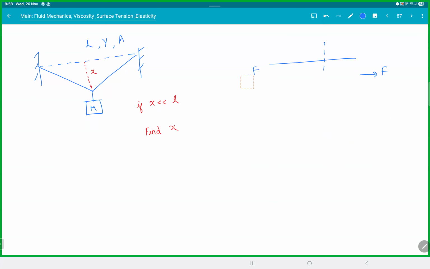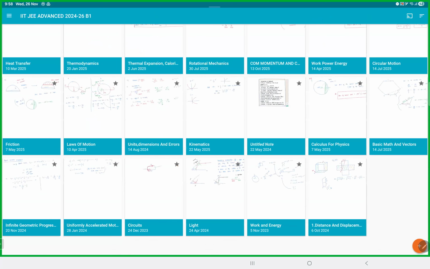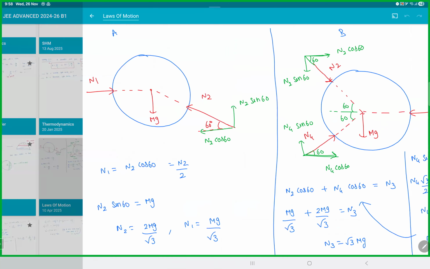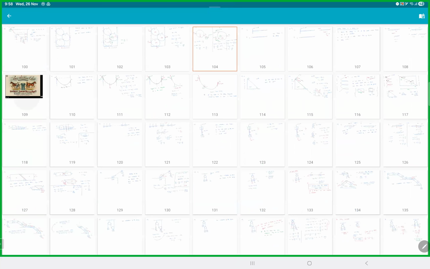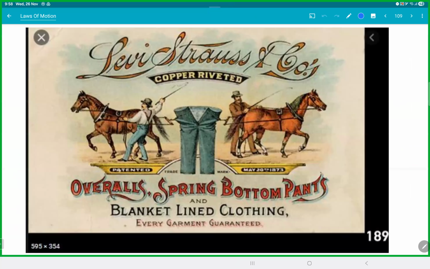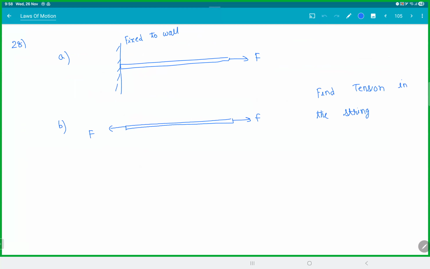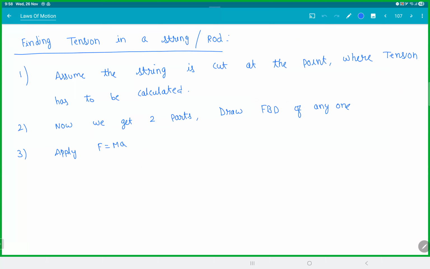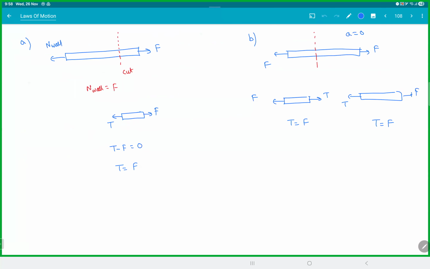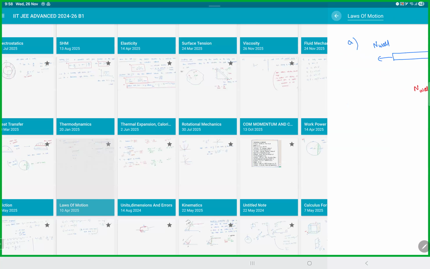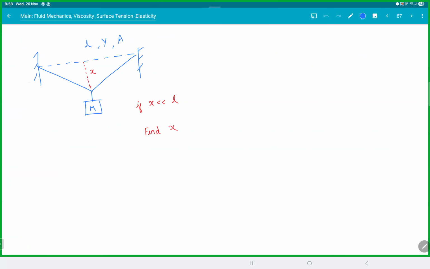So more about this, you should definitely check out the NLM notes. We even had a horse picture. I'm sure most of you remember this. This was the discussion. You should check it out: finding tension in a string or a rod. You need to understand, tension is not some external force. Tension's job is not to give you double the force.